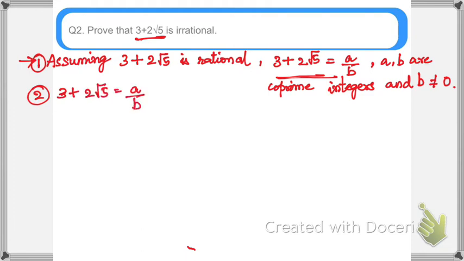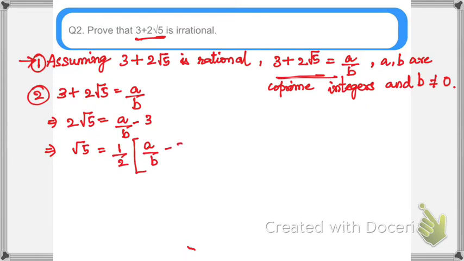Okay. So, step number 2, again writing the same part, that is 3 plus 2 root 5 is equal to A by B. You can again write it as 2 root 5 is equal to A by B minus 3, or root 5 is equal to 1 by 2 inside the bracket A by B minus 3.